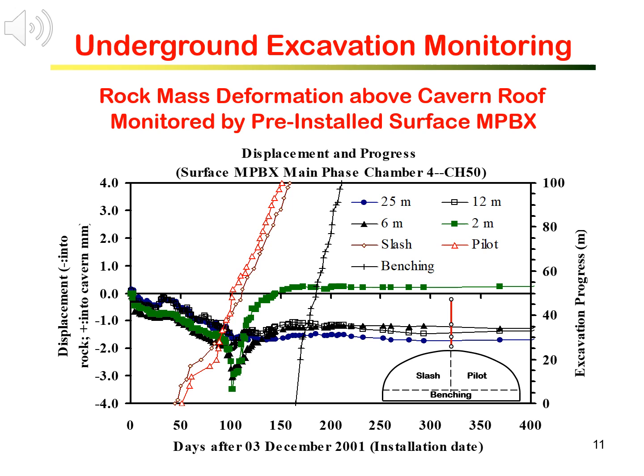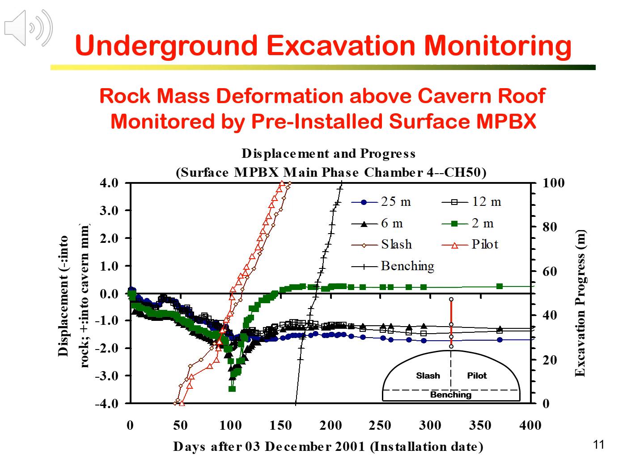The measurement points are 2 meters, 6 meters, 12 meters, and 25 meters above the middle roof. The pilot and the slashing are heading excavation, as shown by the inset joint at the lower right corner.